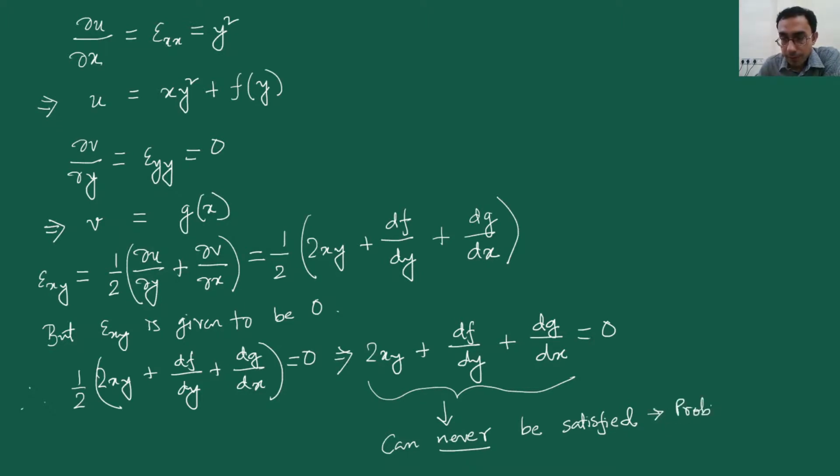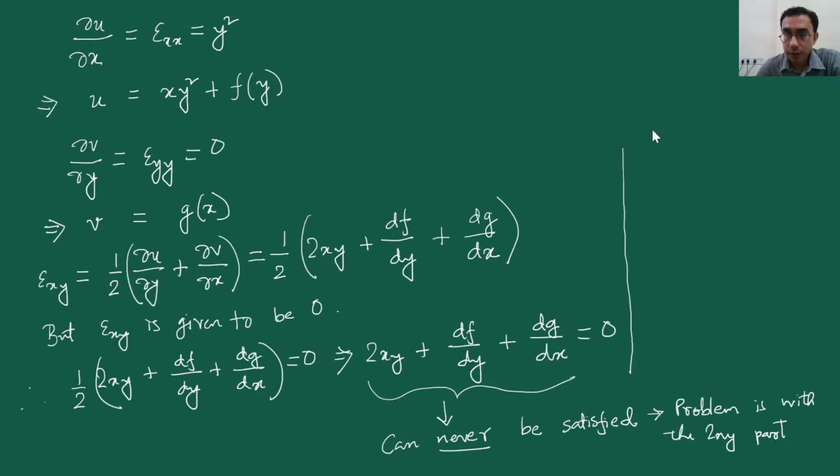And the problem is with the twice xy part. Now just imagine for a second, just hypothetically, that the twice xy part was not there.